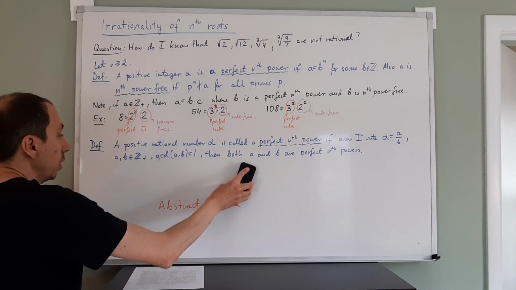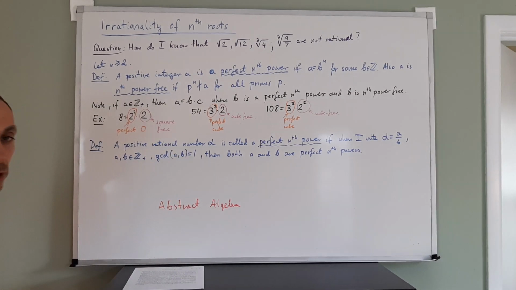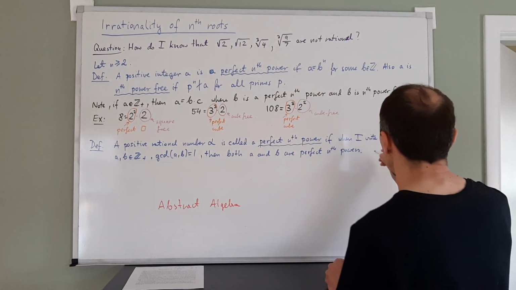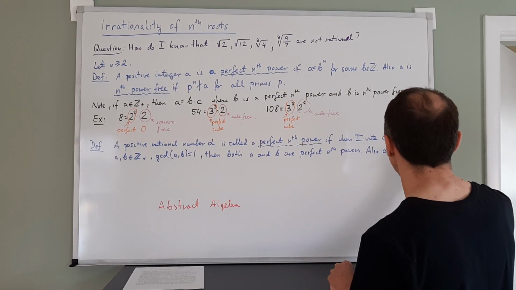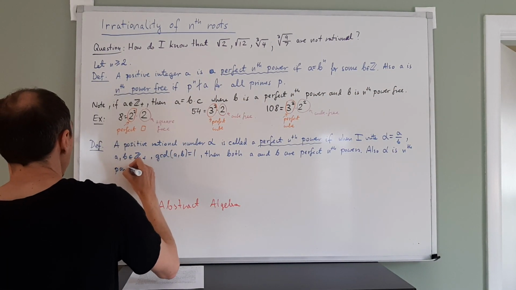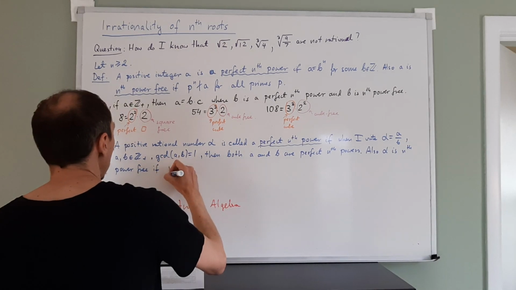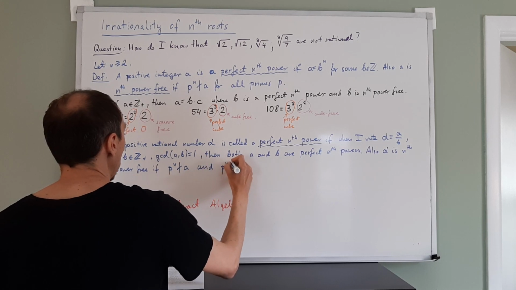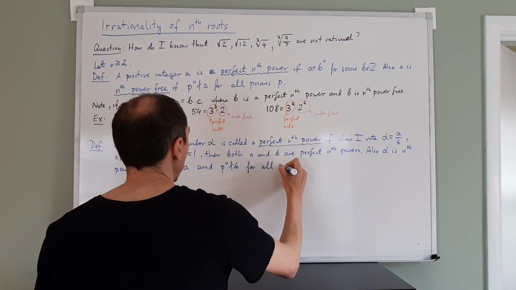Similarly, you can define what it means to be nth power free for a rational number. And that's also defined in terms of the numerator and denominator. So also alpha is nth power free if p to the n does not divide a and p to the n does not divide b for all primes p.